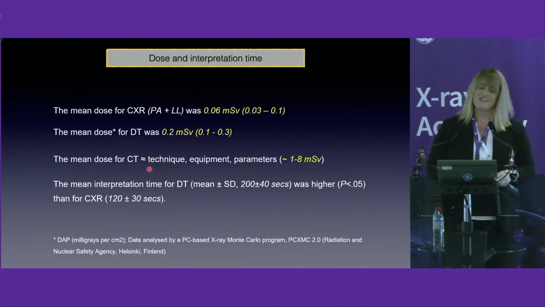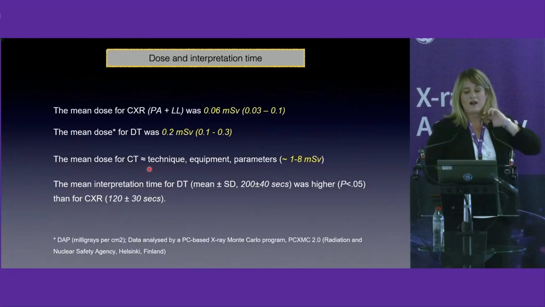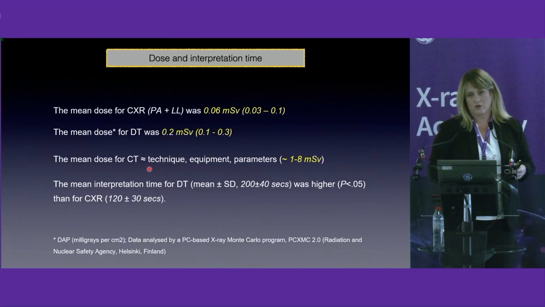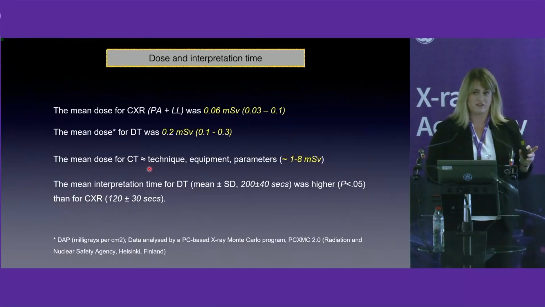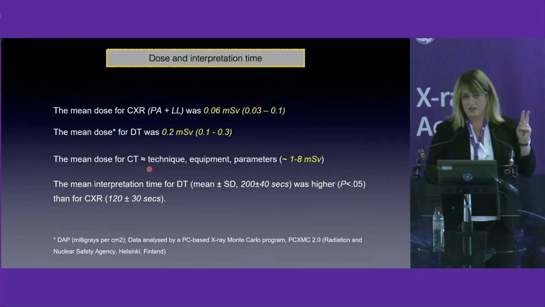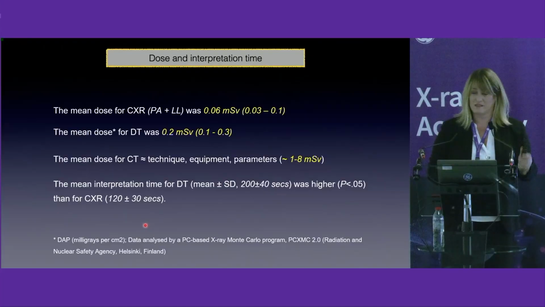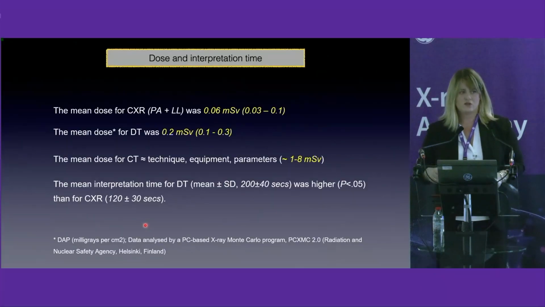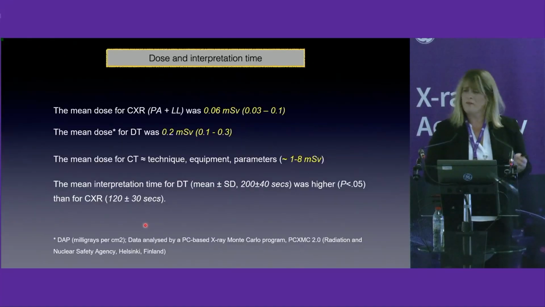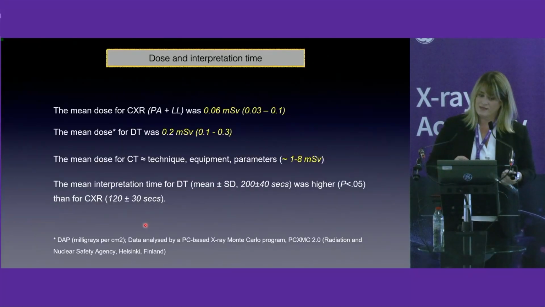And as Nerea showed, the radiation dose was about double that of a normal chest X-ray in the two projections. And what about the interpretation time? It takes longer in comparison with the chest X-ray, but lower than a CT scan.